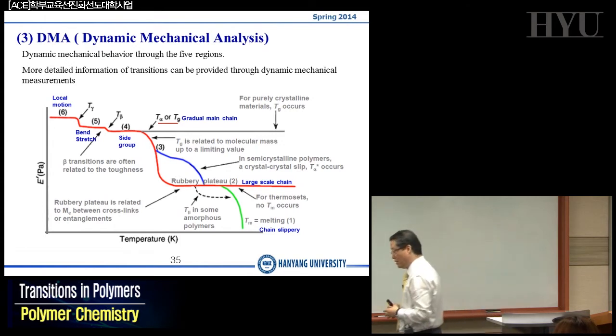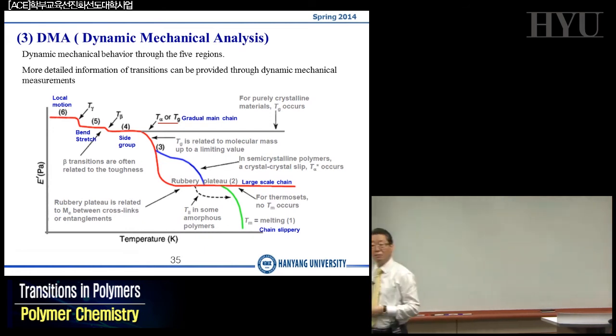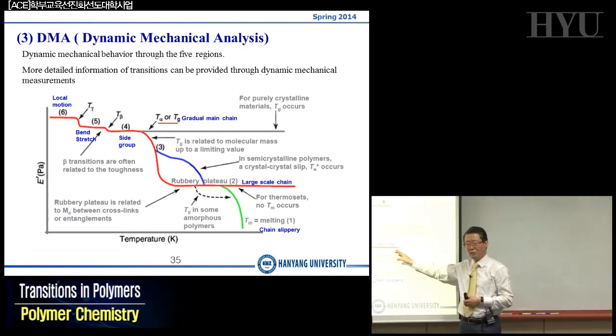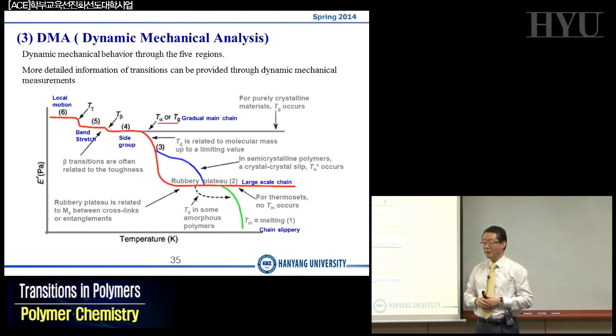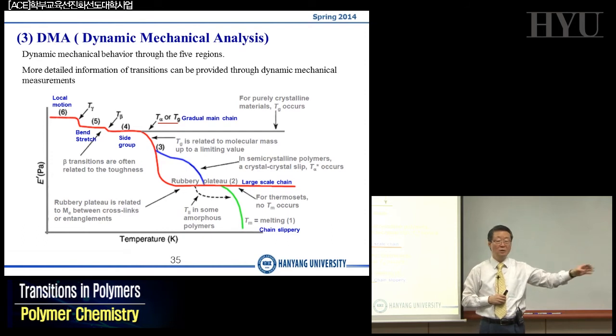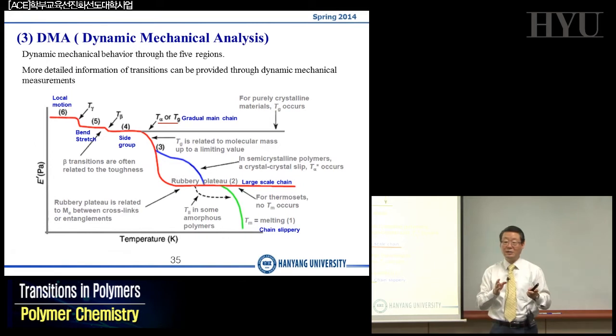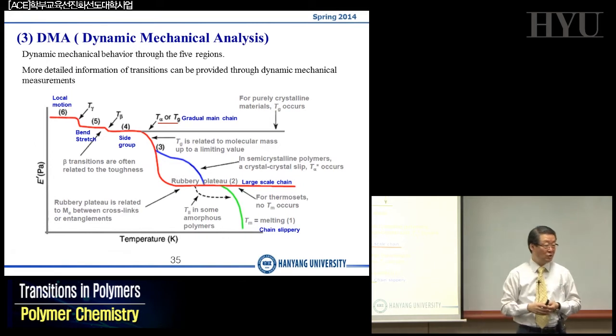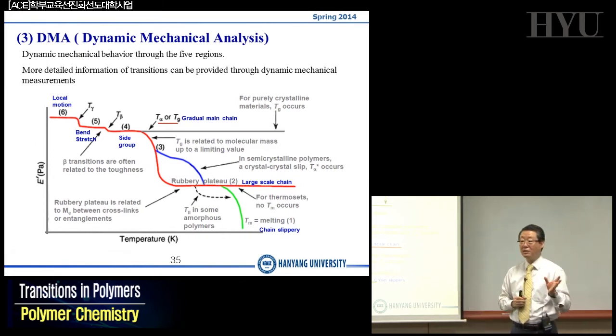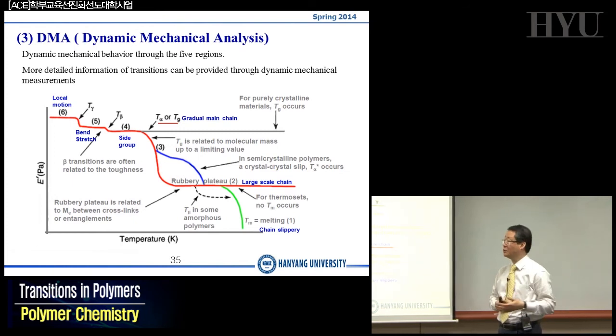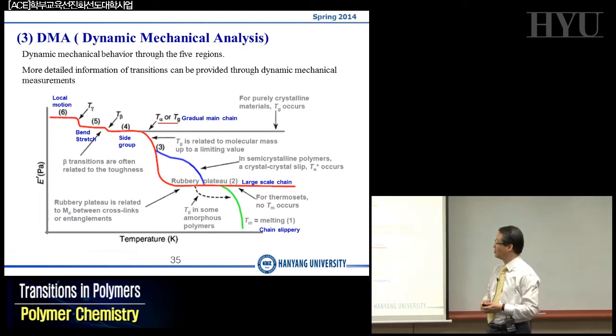So in summary, in detecting this by DMA, Tg is the alpha transition temperature. You can detect the beta transition due to the side chain, and gamma transition, and others by using the DMA. Whereas if you use a DSC, you can only detect the Tg, but not the beta or gamma transitions.